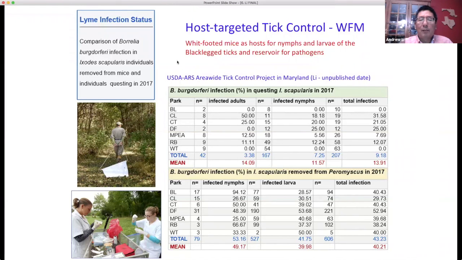The table on the bottom shows the nymphs feeding on mice, about 50% tested positive for Borrelia, and larvae about 40%. Some locations are higher, 60%, 90%. So on average, you can see a significant increase in positive ticks. That's really proof of the pickup of pathogen from infected mice. Next slide, please.